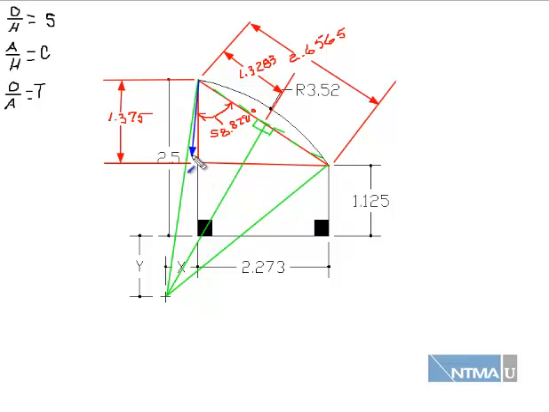I can bring this right down here like that, okay? And I'm going to change this to a line and draw this line straight across. So I drew this line straight down, and I drew this line straight across.